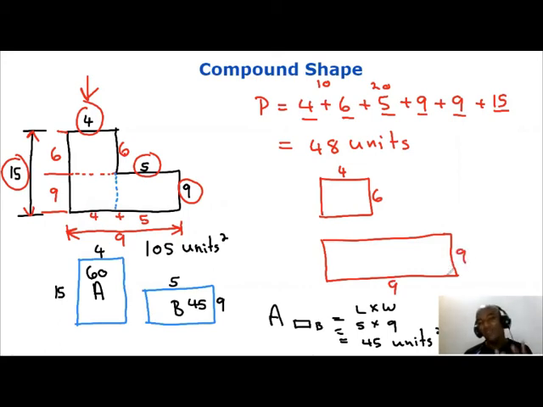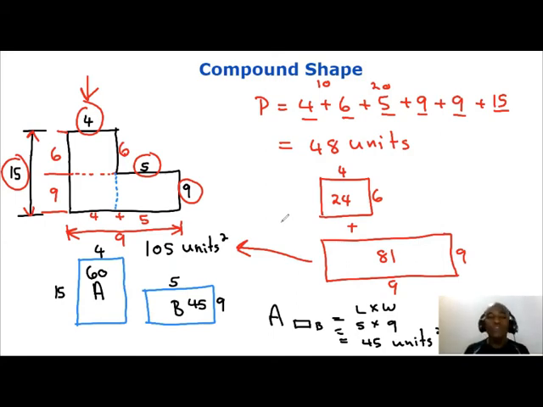So yes, this was supposed to be a square, but it is what it is. So the area here would have been 24, and the area here would have been 81. And if you add 24 and 81, guess what? You'll still get a total surface area of 105 units squared.